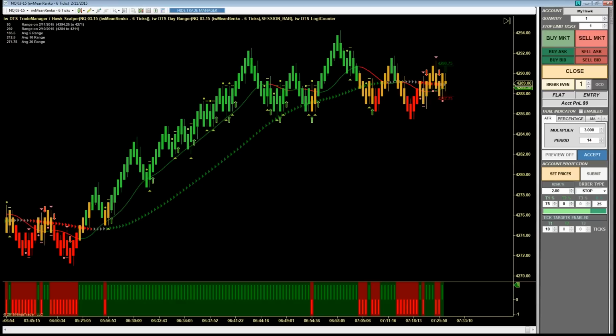We also have a close button, which is kind of like the panic button, and a break-even feature. So when you're in a trade and say the market has gone in your favor, you can hit your break-even button and it will automatically, in this case, take you to break-even +1 or 2 or 3 or whatever you choose to set.